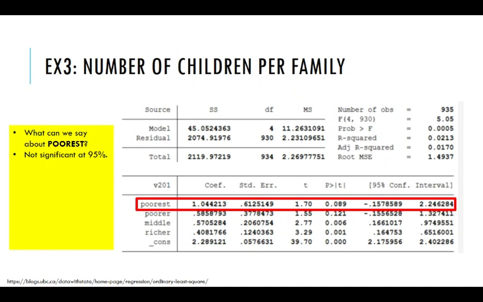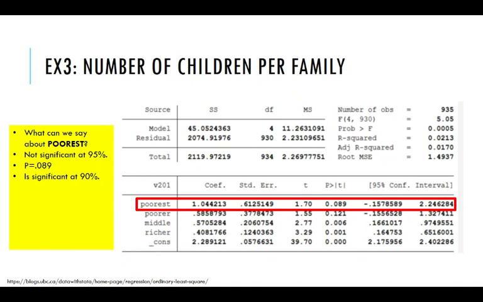It's not significant at the 95% confidence level. Well, how do I know that? I'm looking at the p-value, and the p-value is 0.089, right? So while this result is not significant at 95%, it is significant at 90%. So I can be 90% confident in the result, but I can't be 95% confident in the result.